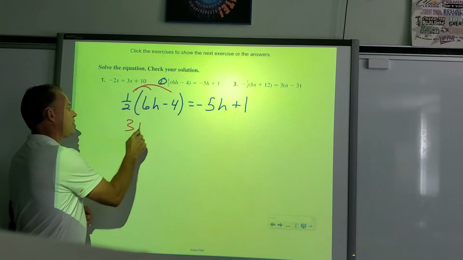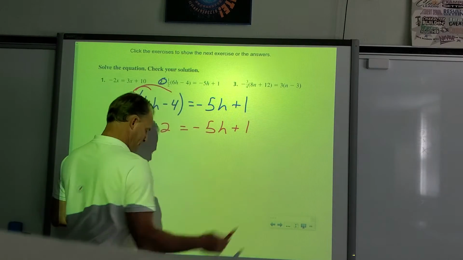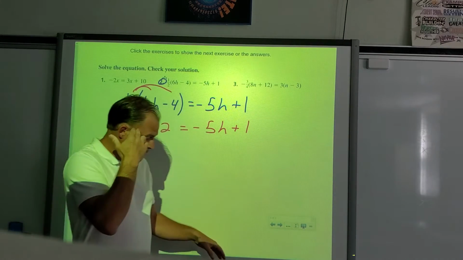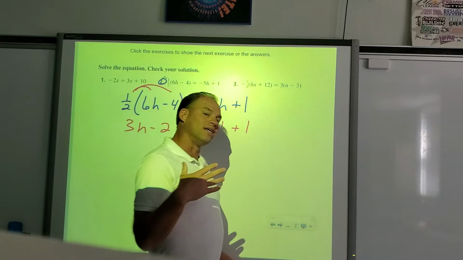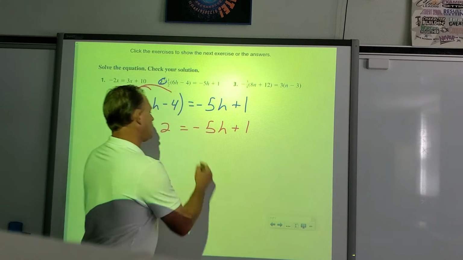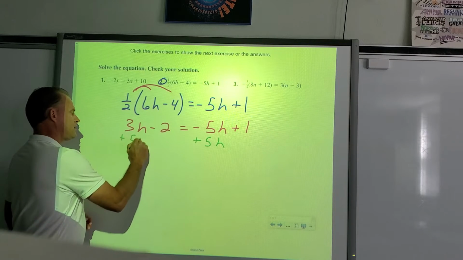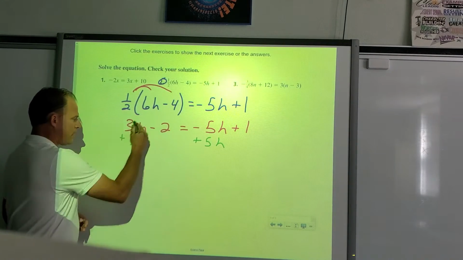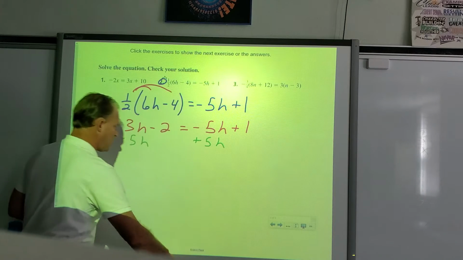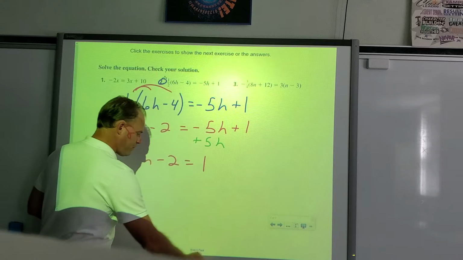That gives me 3h minus 2. Again, in my head, I want to get my variables on the left-hand side. So I am going to add 5h here because I need to get that to 0. I need my 0 pair, so that's going to give me 8h minus 2 equals 1.